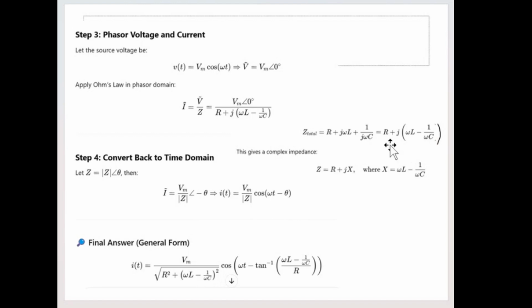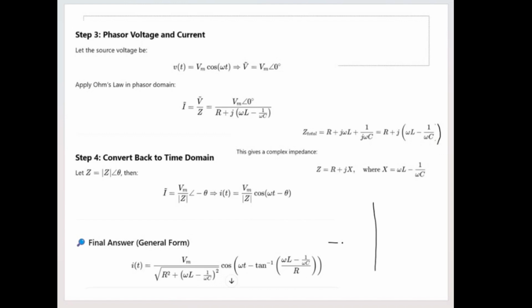The magnitude of Z is the real part squared, R squared, plus (omega L minus 1 over omega C) squared, and a square root of everything, which is going to give us the magnitude of Z. And the angle is also straightforward. It's going to be the inverse tangent of the imaginary part, omega L minus 1 over omega C, divided by R.